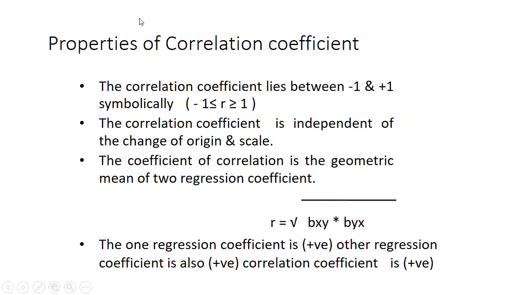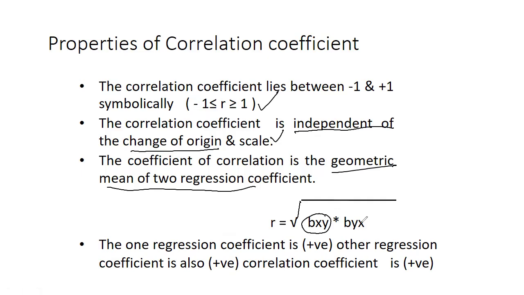The properties of the correlation coefficient. The value will lie between -1 and 1. The correlation coefficient is independent of the change of origin and scale. The coefficient of correlation is the geometric mean of the two regression coefficients, bxy and byx.